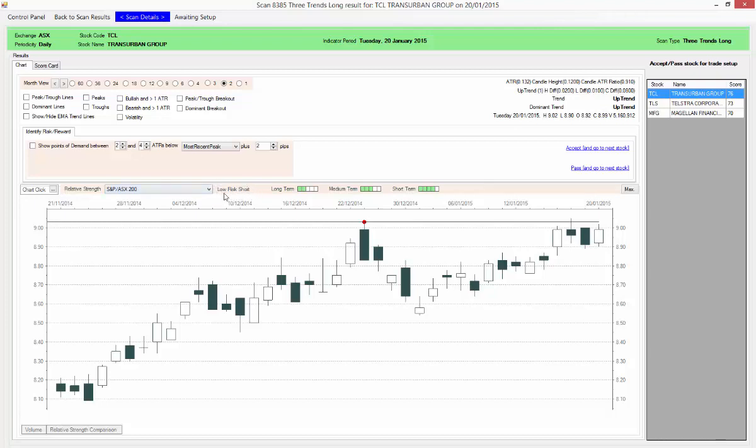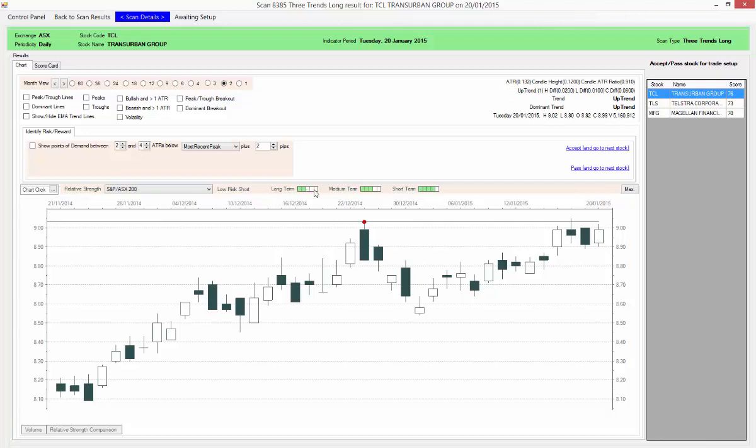I'll explain in another video where I get that information from, but it's telling me at a glance that the ASX 200 as an index is not going gangbusters. It's telling me that we're in a short market if you were to follow that index, but as a result, this particular stock is trading very well.